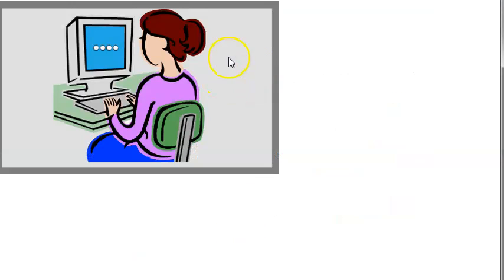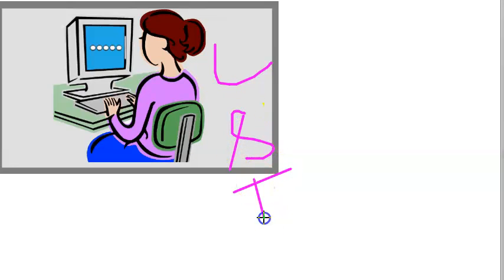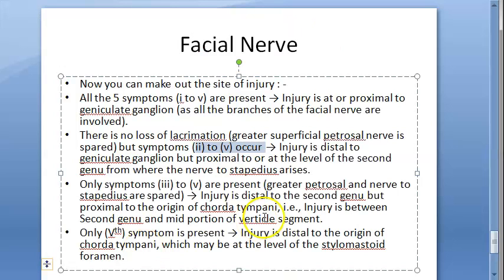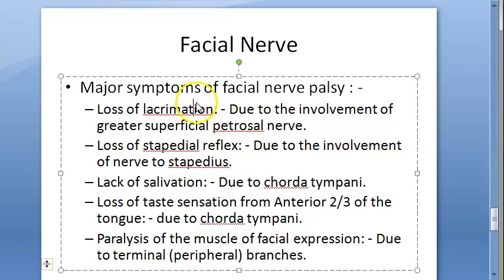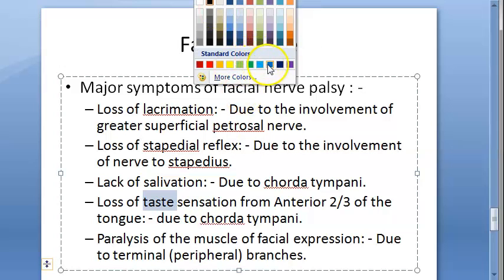Is it fine, guys? So, lacrimation gone, stapedial reflex is not proper, taste is not happening, facial expression is not proper, and one more was there. Which was the other one? In the same order, if you know, it is good: lacrimation, stapedial reflex, salivation, taste, okay? So, all of them are gone.